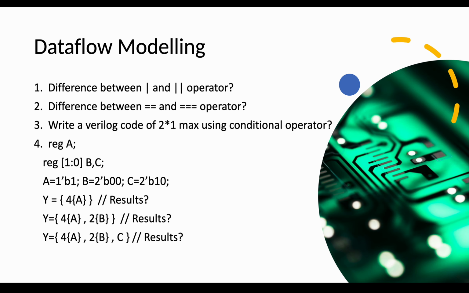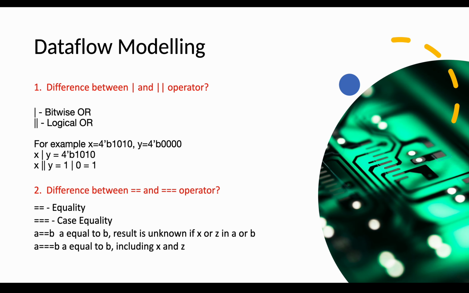So the first question answer is: single OR operator is bitwise OR and double OR is representing logical OR. Let's take an example. Here I have taken X equal to 4 bit 1010 and Y is 4 bit 0000. So X OR Y is 4 bit 1010.